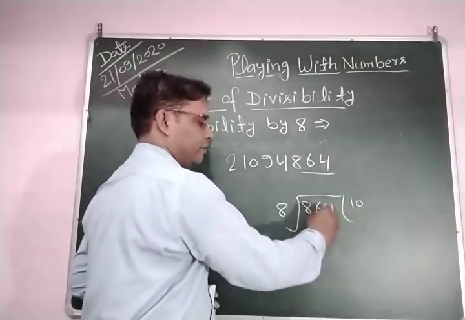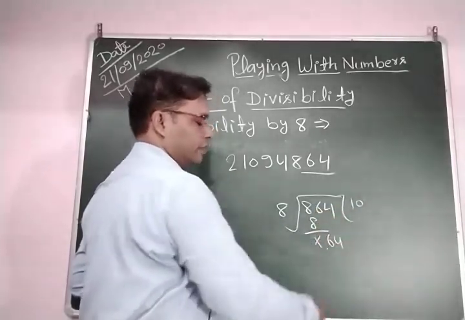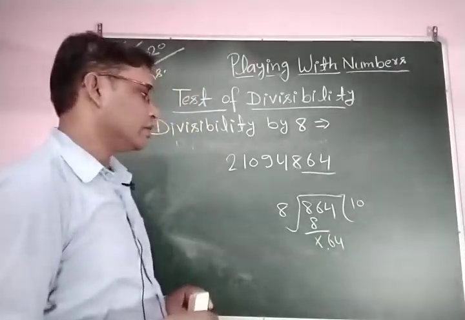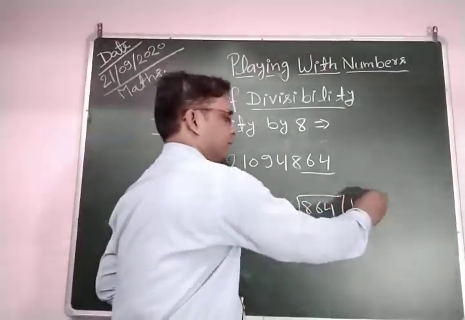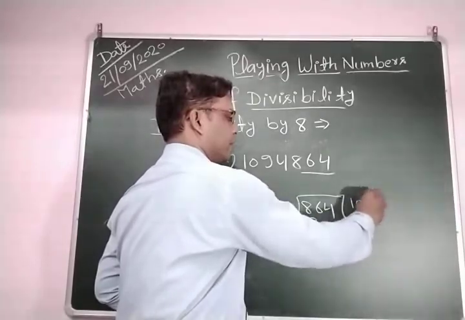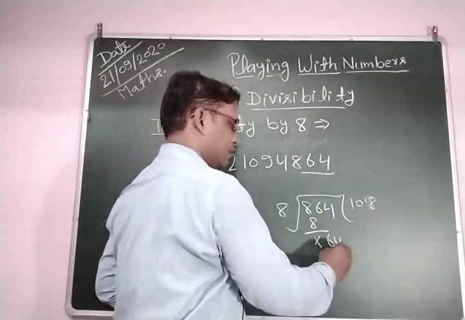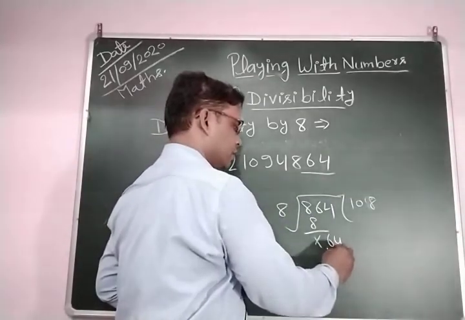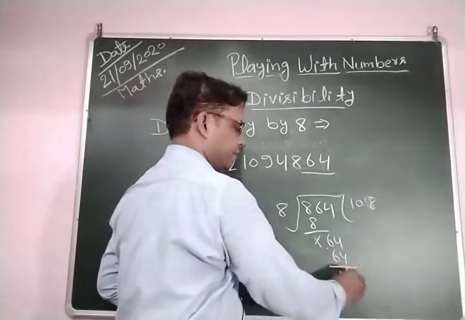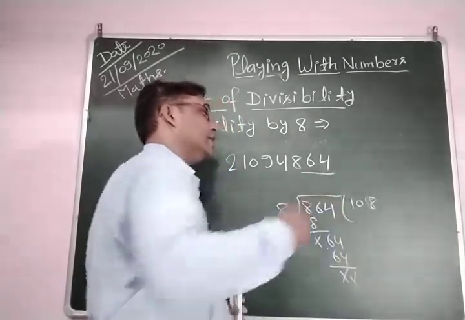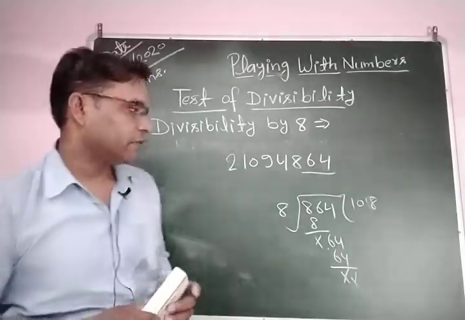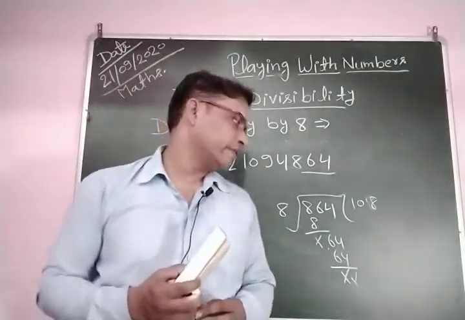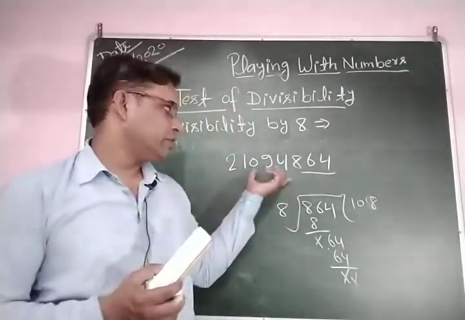We bring down the 4, and 8 times 8 is 64. It means that the last three digits of the number are divisible by 8, so you can say the whole number is divisible by 8.